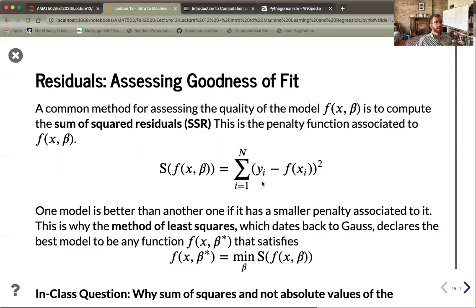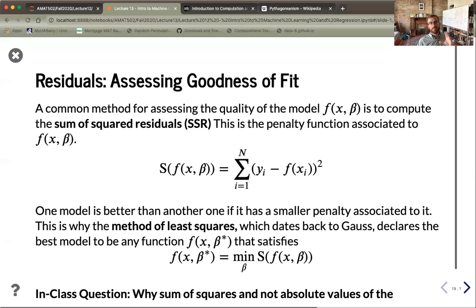So the sum of squared residuals associated to f of x, beta, where again f of x, beta is just that polynomial in x where the coefficients are beta 0, beta 1, beta 2, and so on. That's our definition of f. If we want to assess our penalty function, which determines how far off we are, instead of just looking at the absolute value of the difference, we sum over all of our observations, all of our xi, our training data.